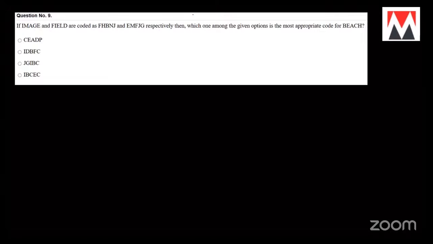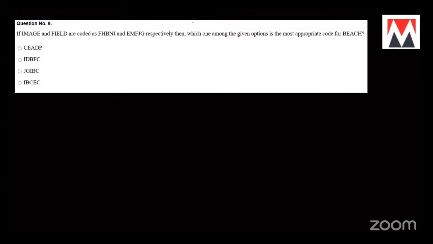So what is it given here? Did anyone answer this? Did anyone get the answer? D. Let us check the answer, whether it is D or not.